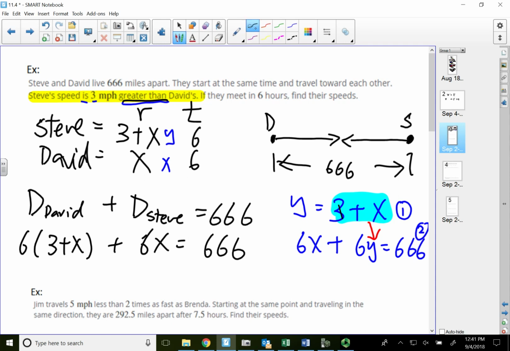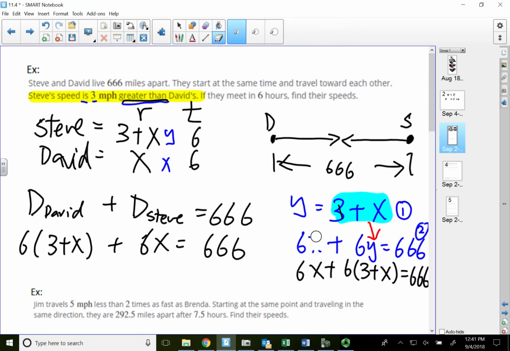That would just be 6x plus 6 times (3 plus x) equal to 666. I'm sorry, maybe I wrote it down wrong. Let's do it this way. Let's do David first. Never mind. Let's do the same thing. There you go. All right, so these two equations are exactly the same. So using two variables or one variable for this problem doesn't make a difference.